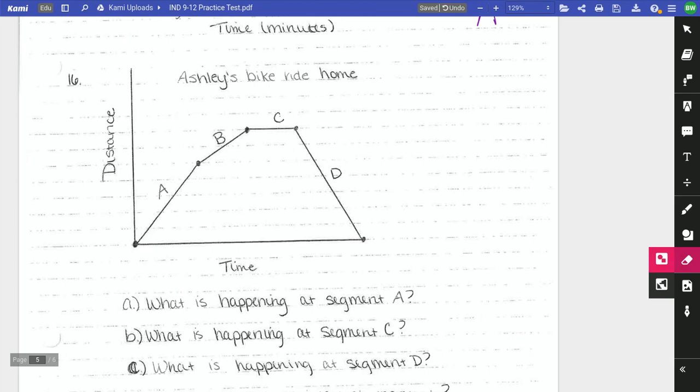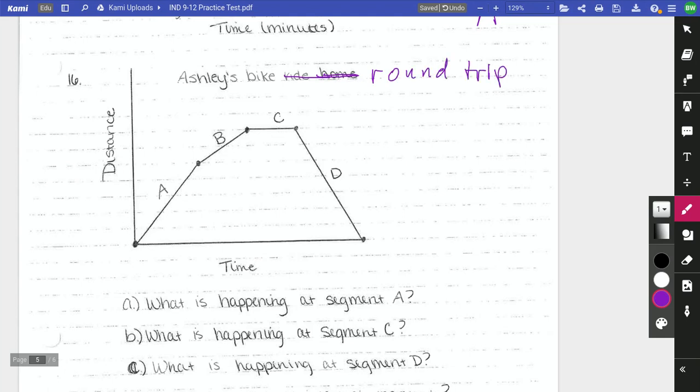So let's change it to that. We don't really care where she started and ended, but we know it's the same place because the distance is 0 at the beginning and at the end. So Ashley's, let's just say her bike round trip. Okay, so what's happening in segment A? There's no distances or times.